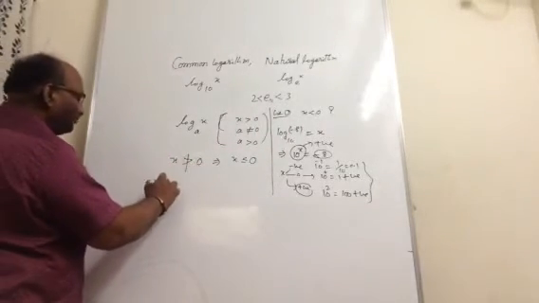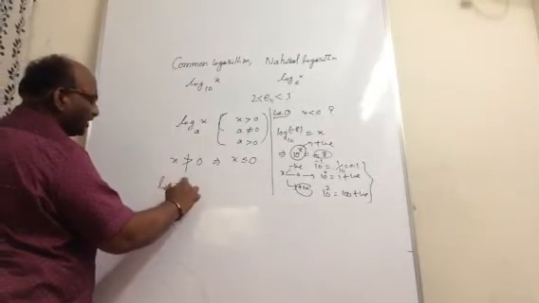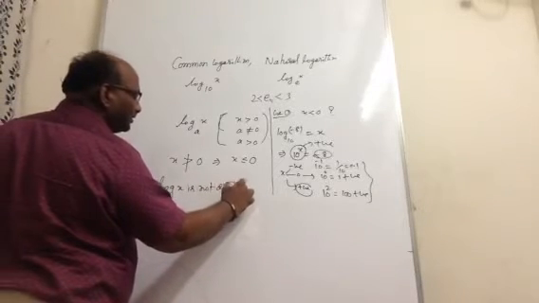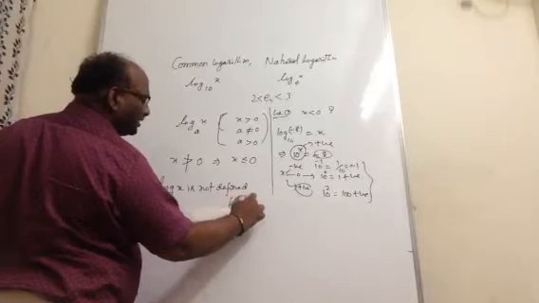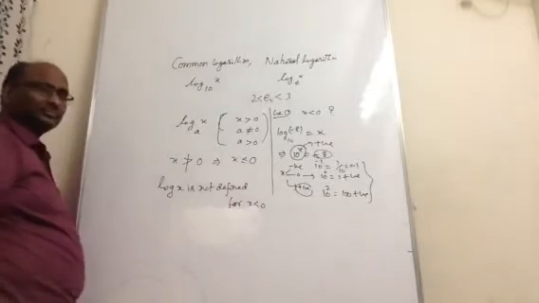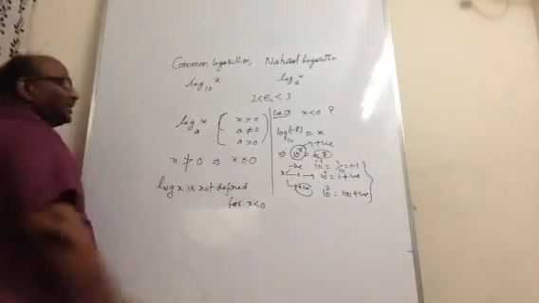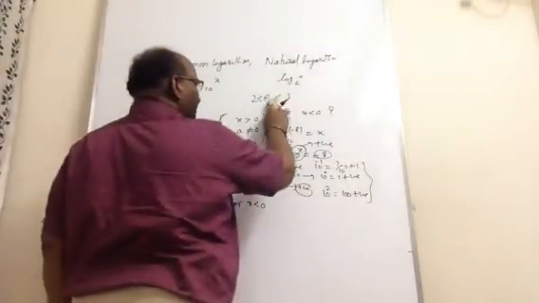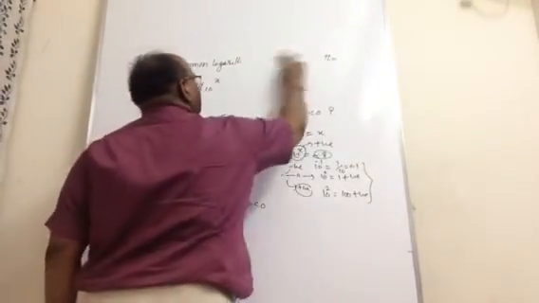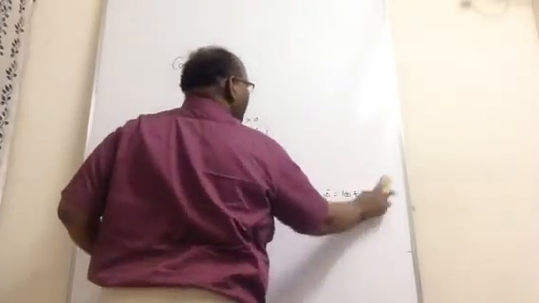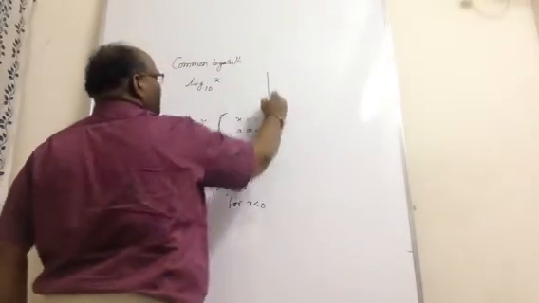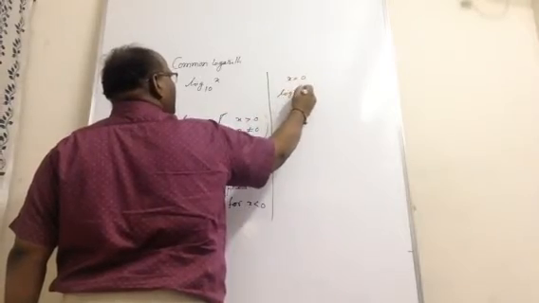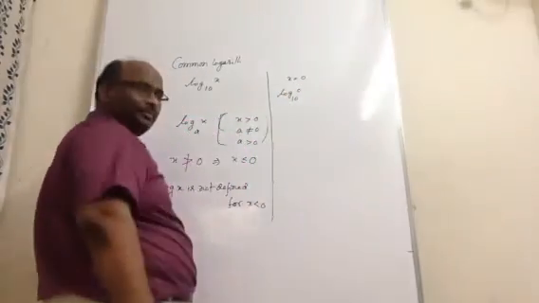Another way of saying it, the log function log x is not defined for x negative. What is the second case? x equal to 0, what happens? Same logic. If x is 0, log 0 to the base 10, what is its value?